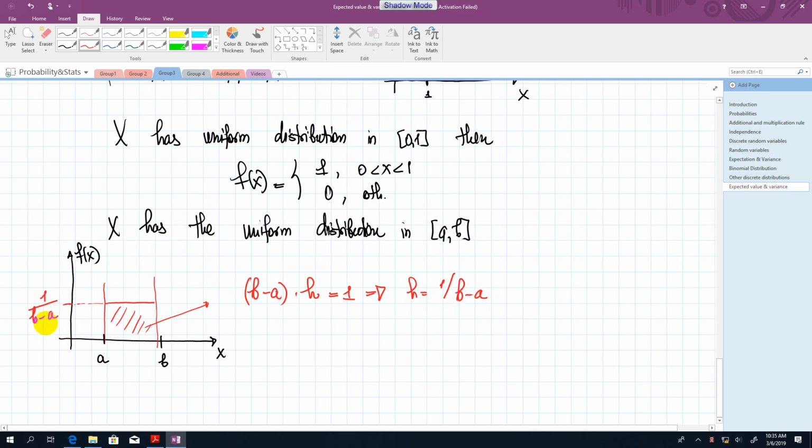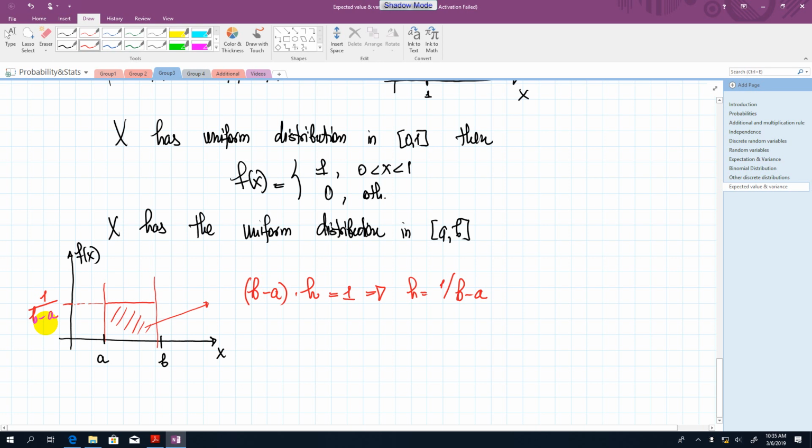So if I would like to write down this graph, this horizontal line, as a function, f of x, what should this function be? f of x is equal to 1 over b minus a, right? Always, because it doesn't change its value in this region between a and b, right?